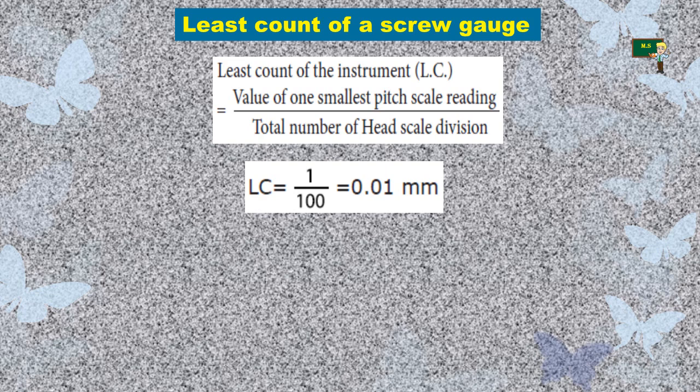So the least count of the instrument, LC, is equal to the value of one smallest pitch scale reading divided by the total number of head scale divisions. That means PS divided by HS. Therefore, the LC, the least count of a screw gauge, is equal to 1/100 or 0.01 millimeter.